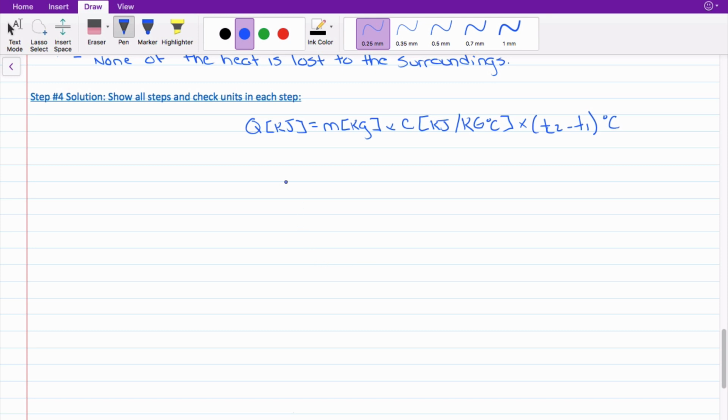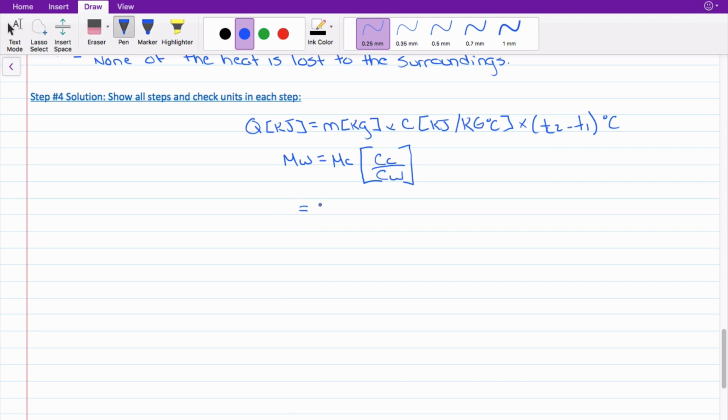So we have to first of all determine the water equivalent of the cobalt calorimeter. So the water equivalent equals the mass of the cobalt calorimeter times the specific heat of the cobalt divided by the specific heat of water. So we put in our variables.